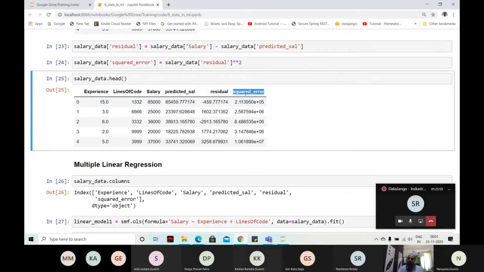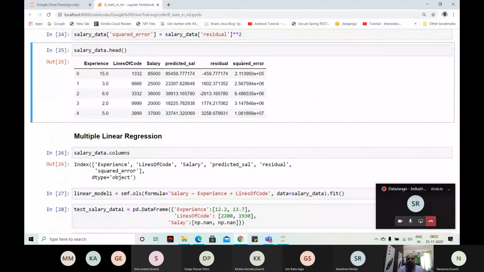And we generally do squared error because we wanted to sum the whole errors and calculate one error for the total data set. When you don't square, these negatives and positives may get cancelled and you may not get the error magnitude properly. And when you do the sum of squared errors, it should be close to 0.